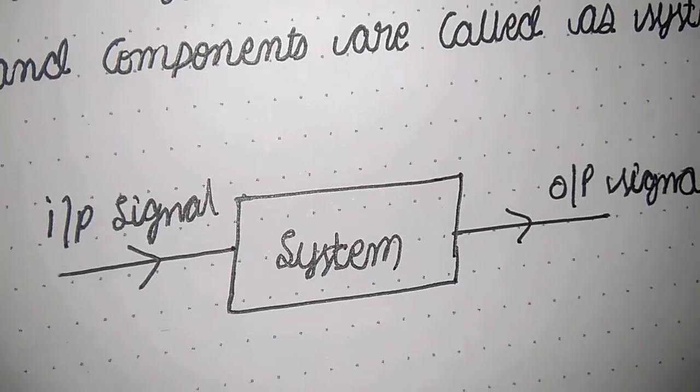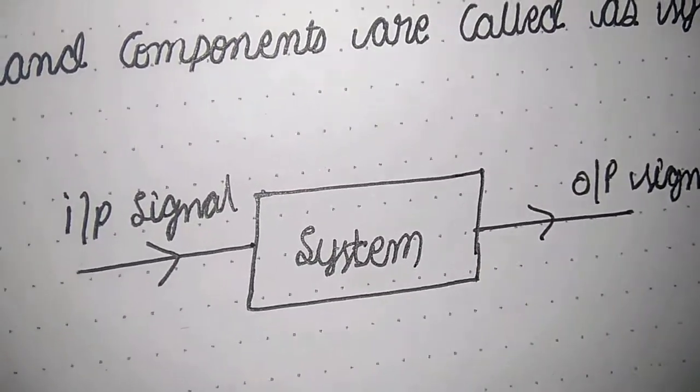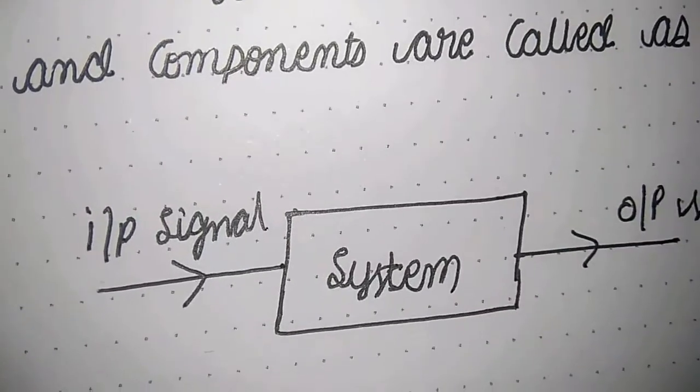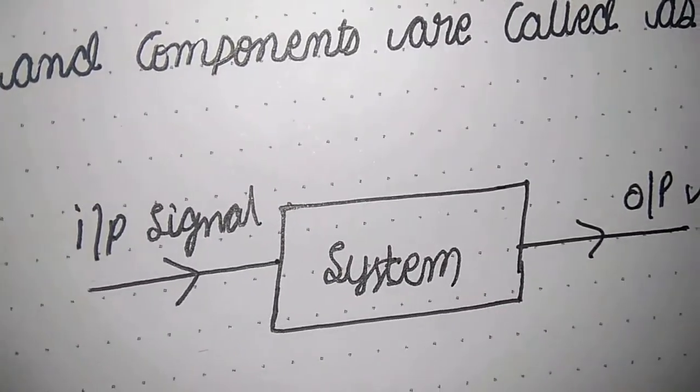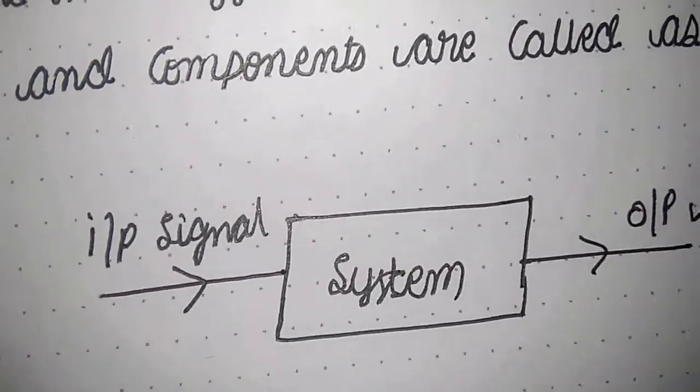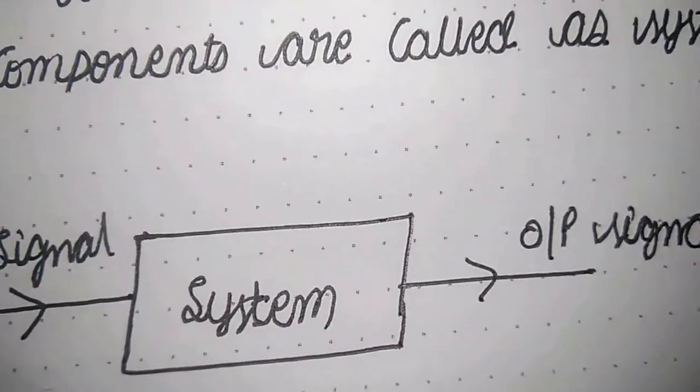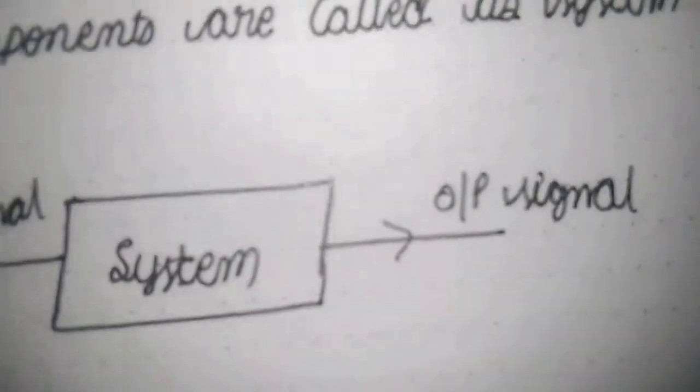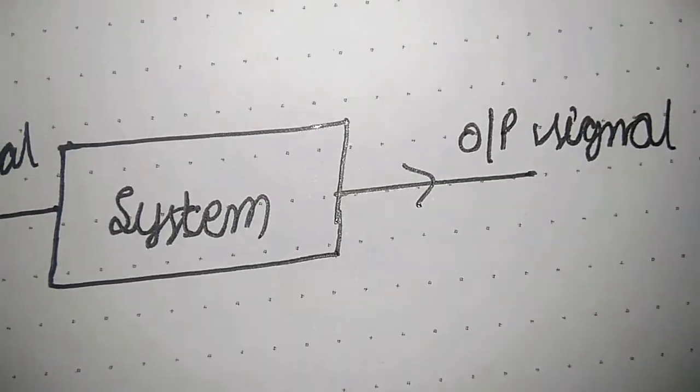The rectangular figure is the system, and the input signal is passed to the system where the processing of the signal happens to the desired form, which is obtained as the output signal. This is the function of the system.